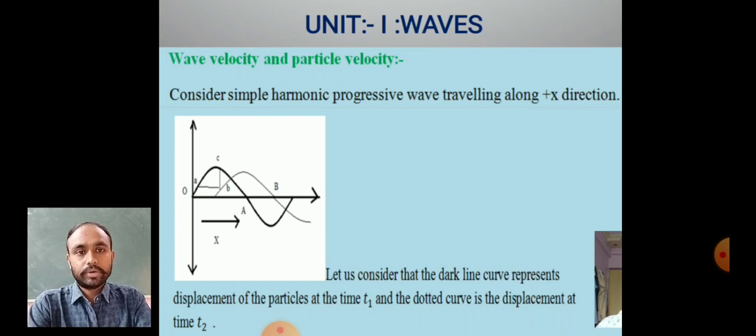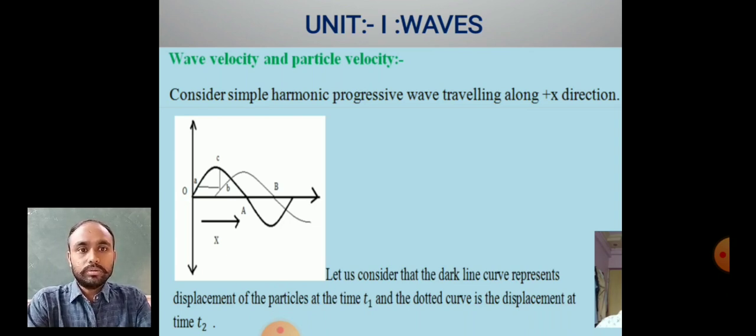That means we have to consider two time instants. I am observing the wave moving along the positive x direction at two different time instants, t1 and t2. The t1 instant is shown by the dark line, and the t2 instant is shown by the dotted line.